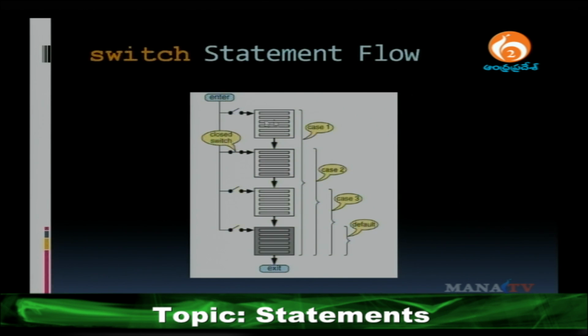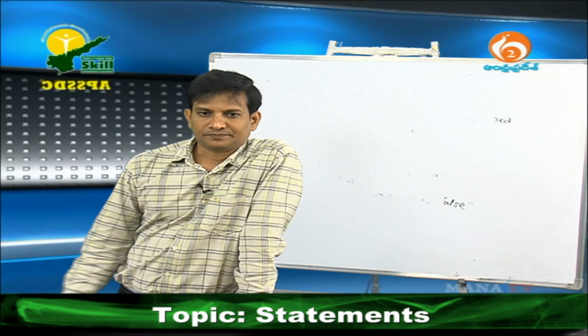If case 1 is not matched, then case 2 is checked. If case 2 is not matched, then case 3 will be checked. If case 3 is also not matched, then default will be executed.